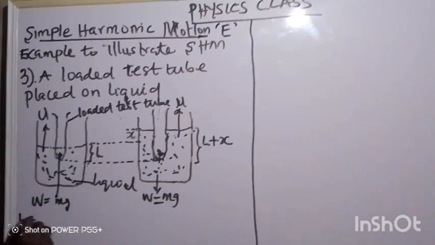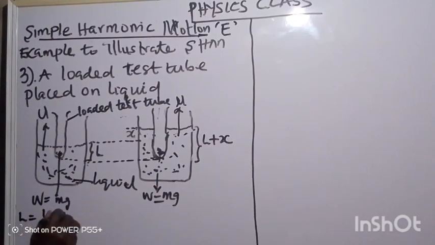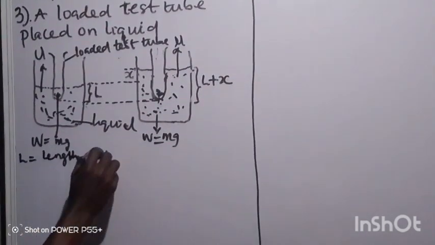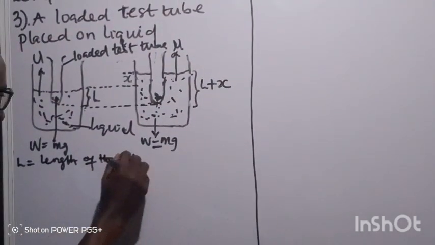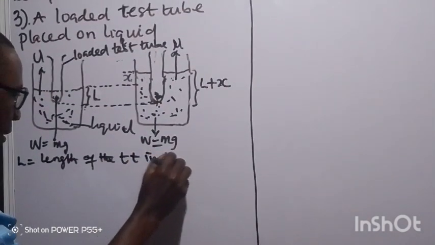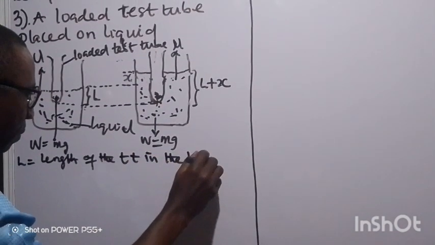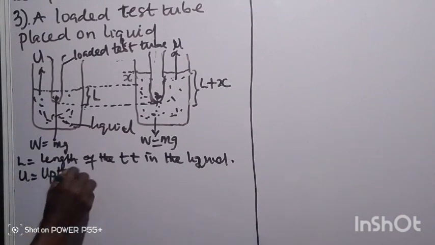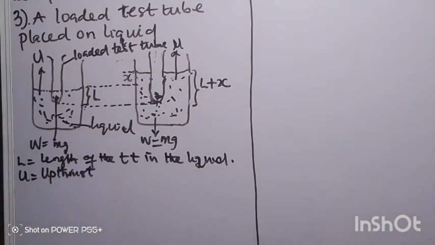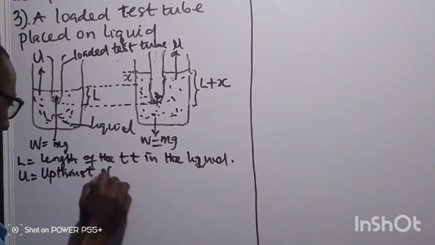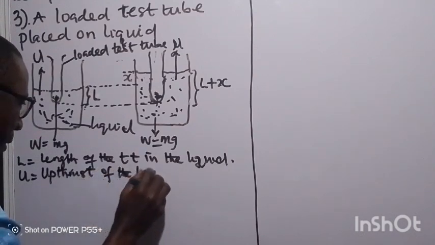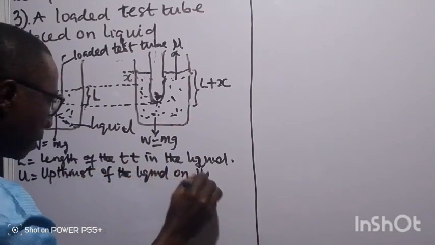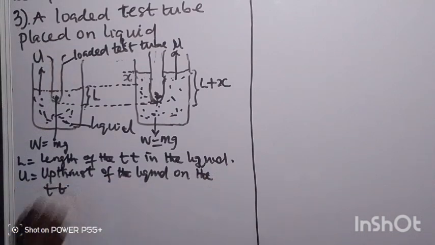L is equal to the length of the test tube in the liquid. Where U is the upthrust of the liquid on the test tube.